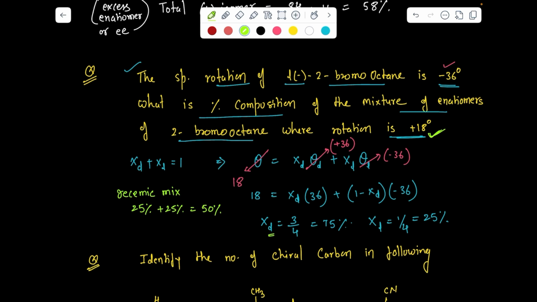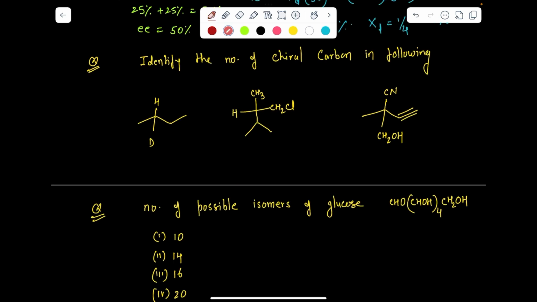So the overall nature of the mixture is dextrorotatory. The excess enantiomer will be equal to 50%, because 25% got neutralized and the rest of the 50% is left behind.